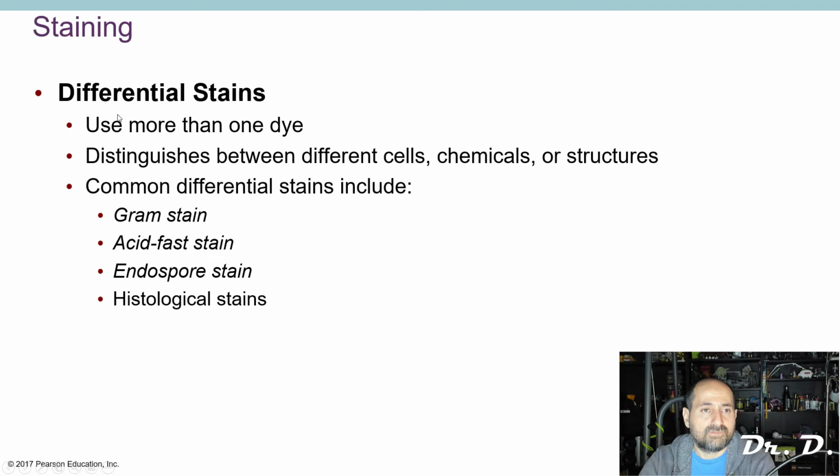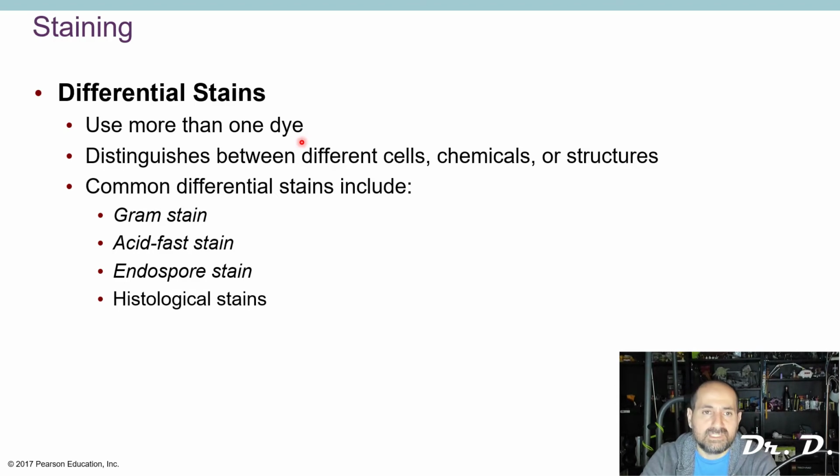Okay. Now, if you do want to differentiate between different types or different species, you'd want to use a differential stain. And this is when you use more than one dye. Usually the dyes are different colors. So you could use a purple dye, and then later in the protocol use a pink dye, such as in the gram stain procedure.